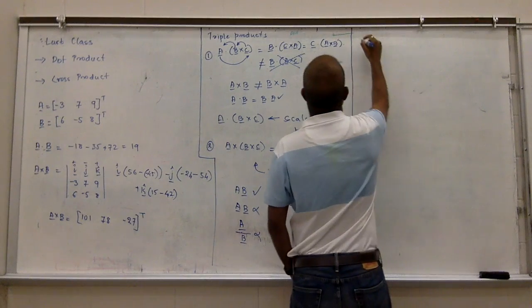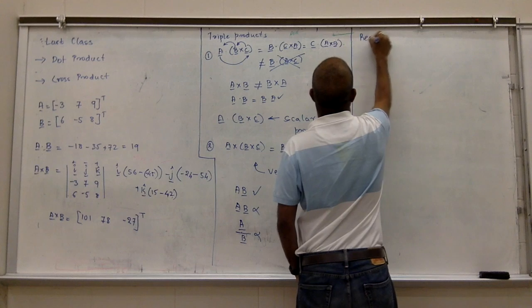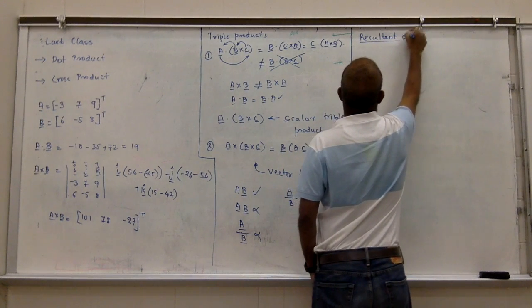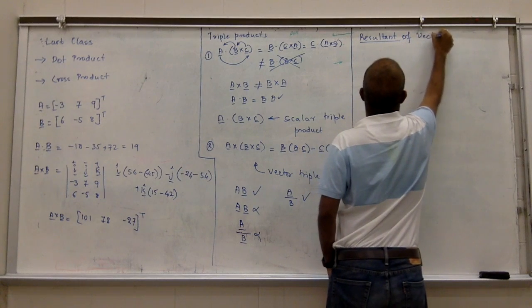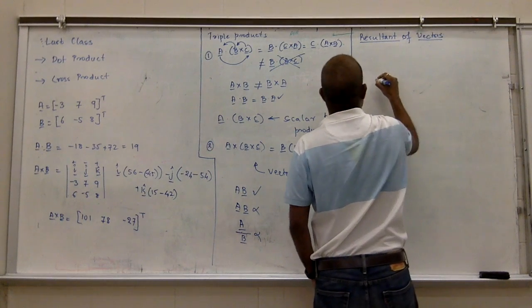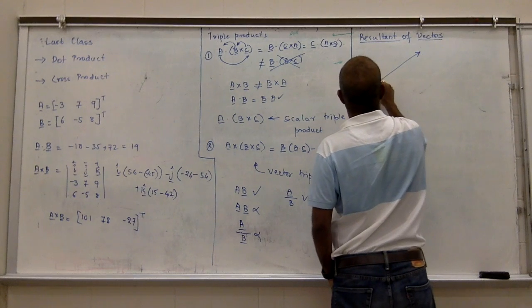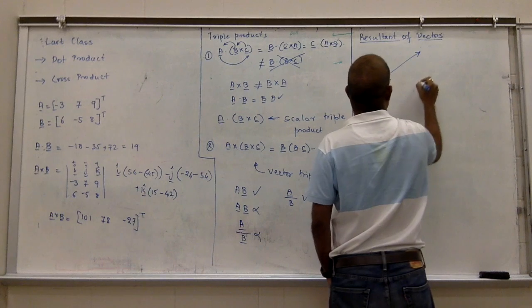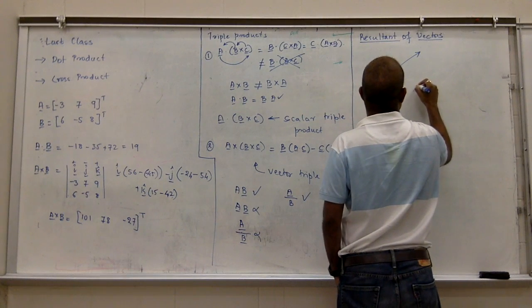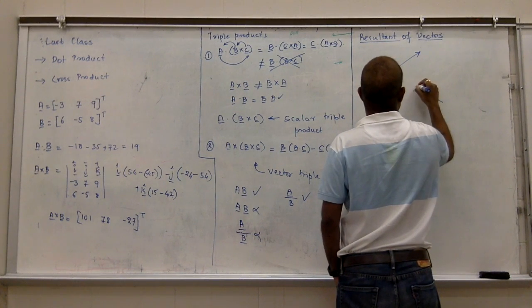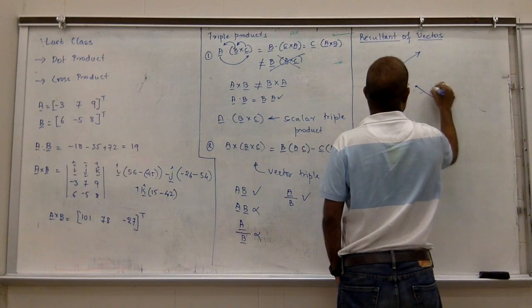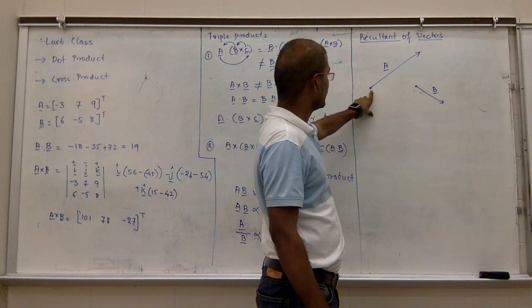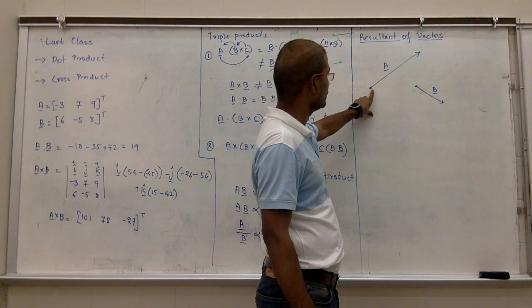So you have the resultant of vectors. If you have a vector A and a vector B, this is called the tail of the vector.